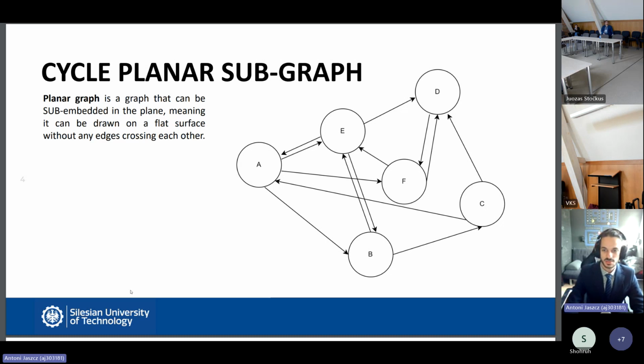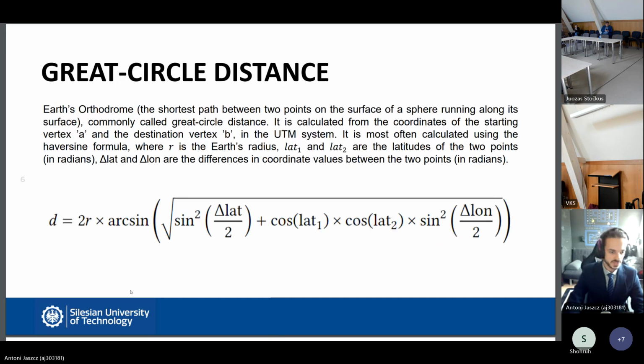So given the example on the right, we can design this specific cycle planar subgraph. And the measuring distance used in the experiments will be great circle distance, which basically takes into consideration the curvature of the Earth and is ever more so precise than the ordinary Euclidean distance, for example.